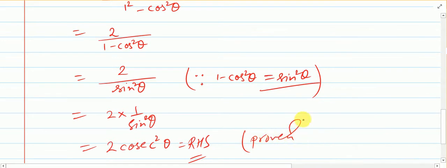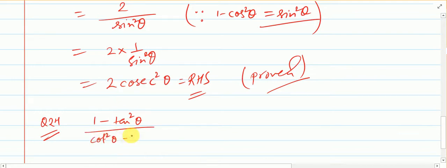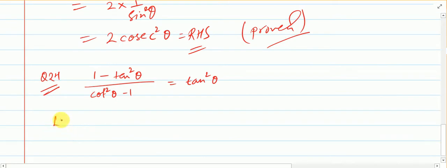Now next, question number 24. Here we have (1 minus tan square theta) upon (cot square theta minus 1) is equal to tan square theta. Let us take the left hand side.